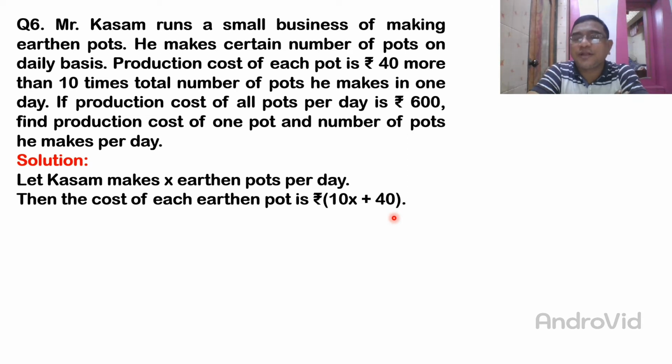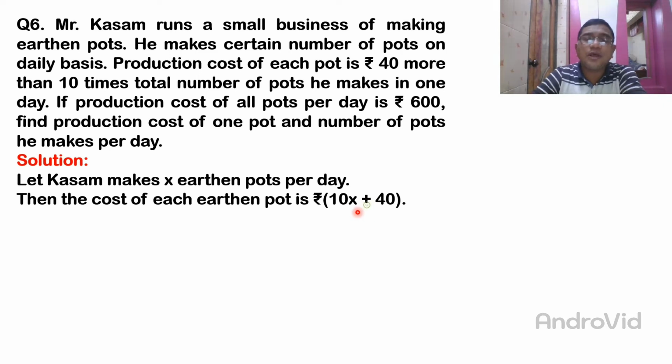Because my students are confused about when to use the plus sign and when to use the negative sign. So remember, I have already explained when to use the plus sign and when to use the negative sign. If you don't understand, you can watch these videos again and then your concept will be clear.